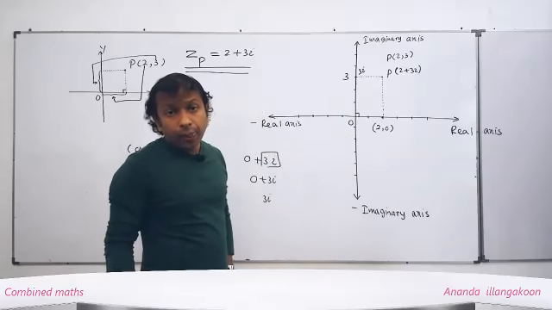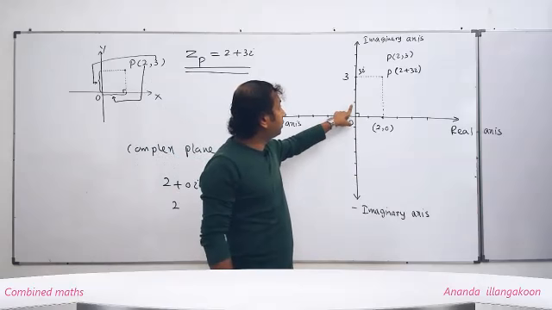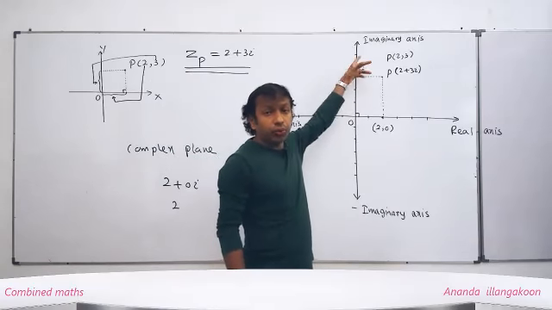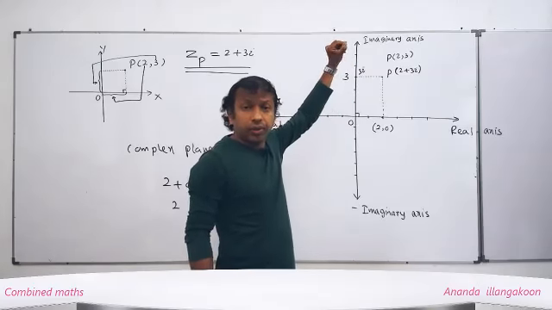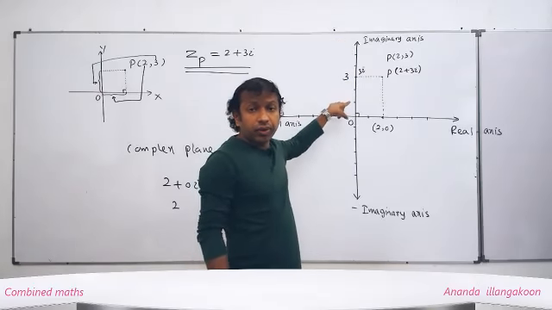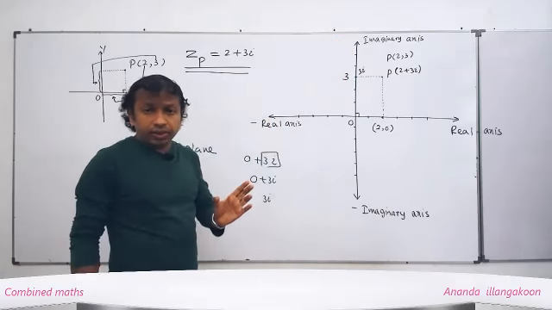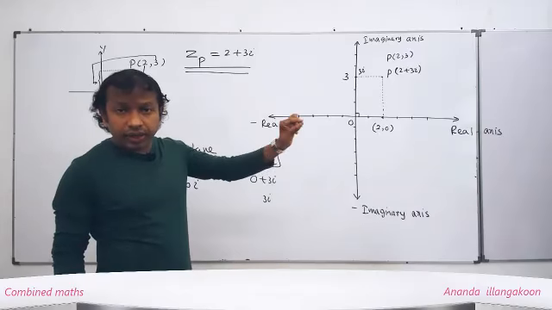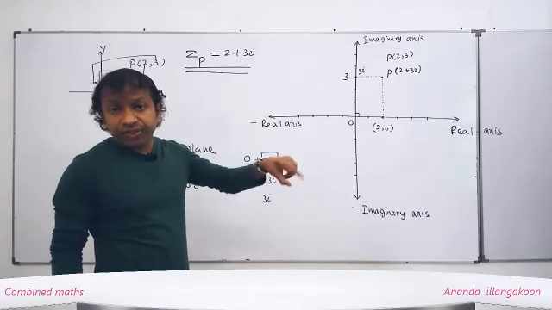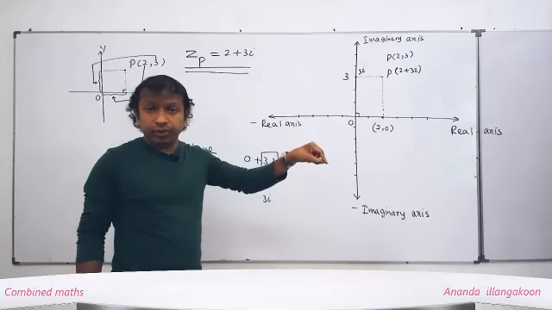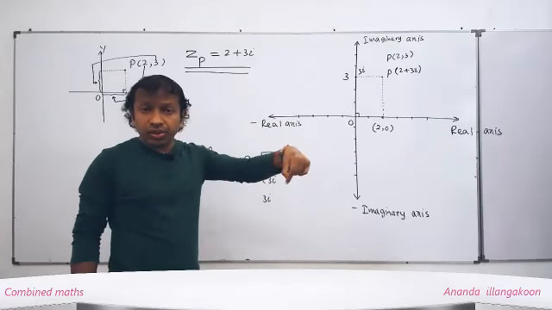So therefore, you can mark on this imaginary axis 1i, 2i, 3i, and so on. Or else, the coordinate form 1, 2, 3, and so on. Because before writing the complex number at that point, we have written down what? The real part and imaginary part of that point. Real part means the distance along the real axis.